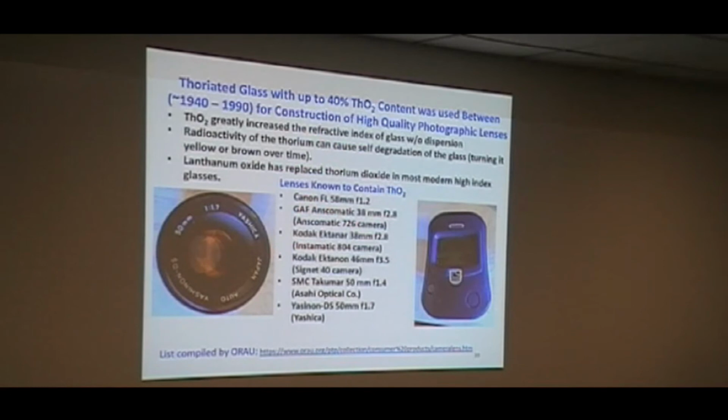Canon, Kodak, Japanese makers, all kinds of people used them. Now, they were radioactive and could turn color because of damage from the radioactivity. Modern ones, in the last decade or two, have used a rare earth element, lanthanum, which is similar.